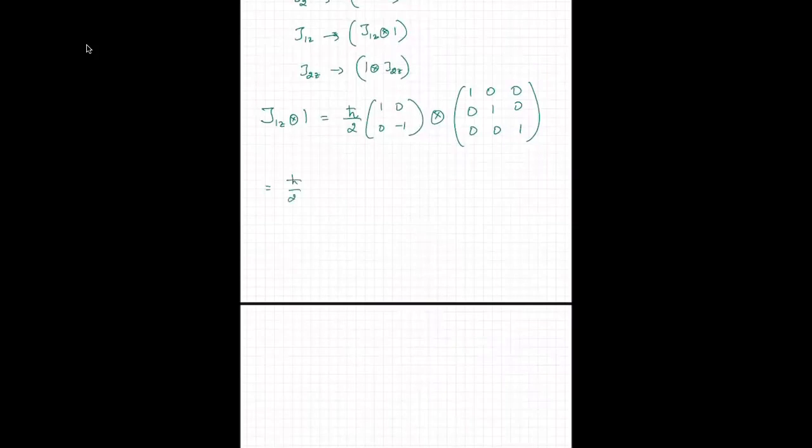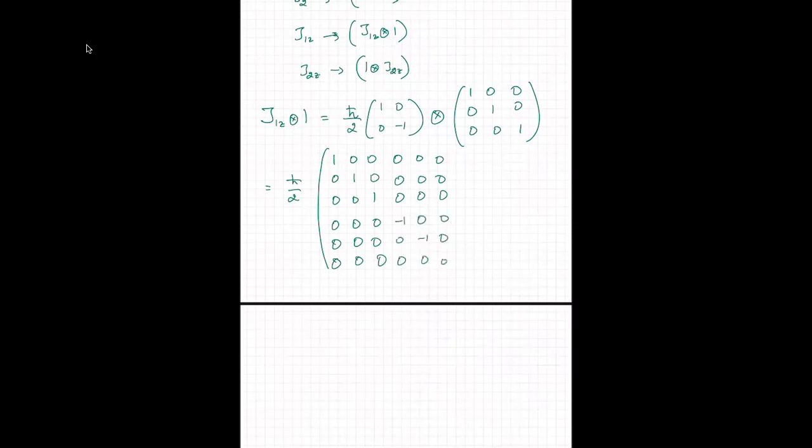Again, you know how to calculate this. I take the first element and multiply it with every element of the second matrix, so I'll get 1, 0, 0, 0, 1, 0, 0, 0, 1. The second block is just 0, the third block is simply 0, and the fourth block is minus 1 times an identity matrix, so it gives me minus identity matrix. So do you agree that this is J1z direct product 1?